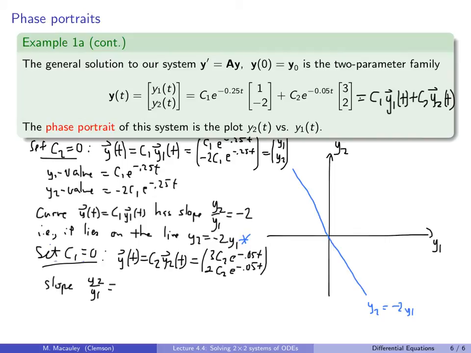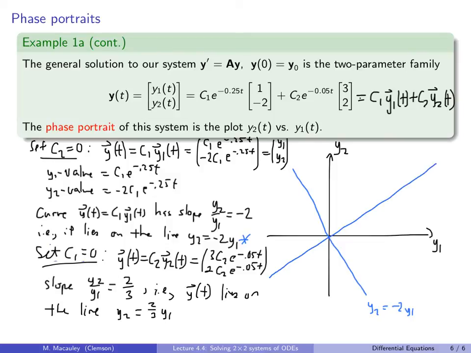So this is going to be 2 thirds, i.e. y of t lies on the line y2 equals 2 thirds y1. So that's going to be a line that looks something like this. It's slope slightly less than 1. So this is going to be y2 equals 2 thirds y1.